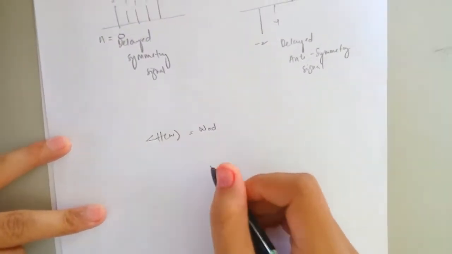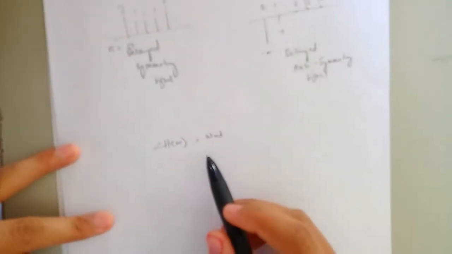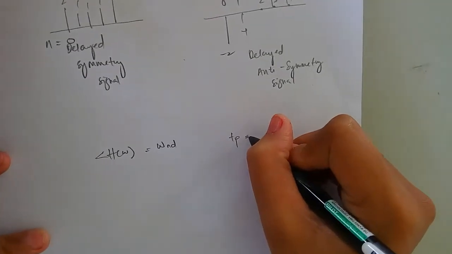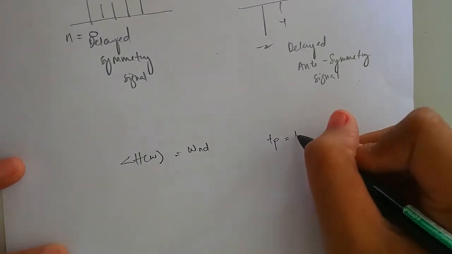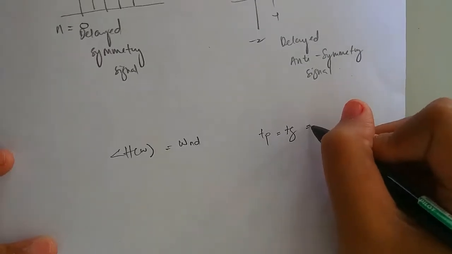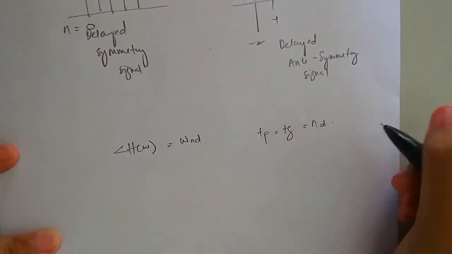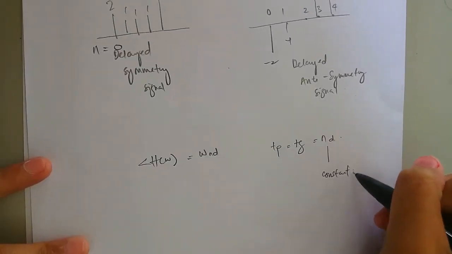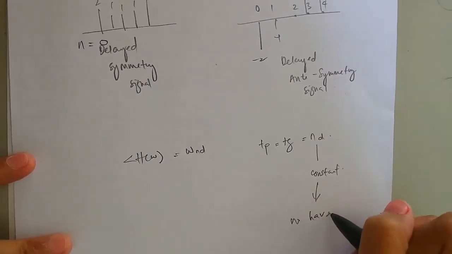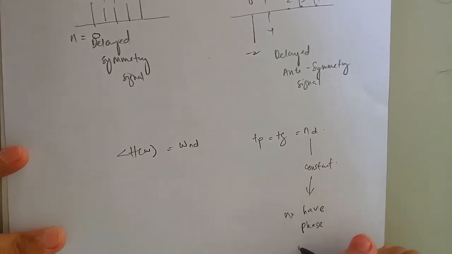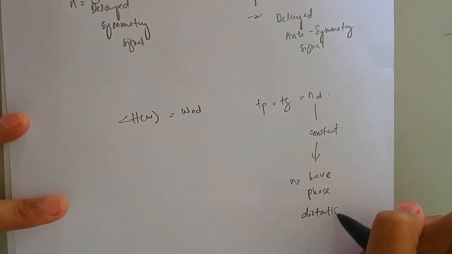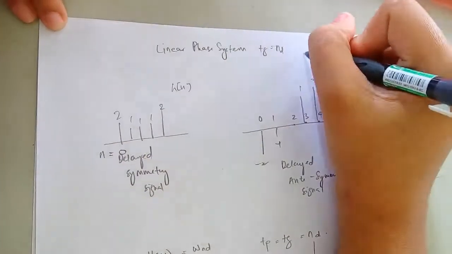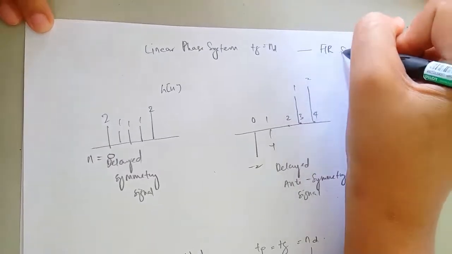For this system, H omega equals omega n_d, and the phase delay is equal to the group delay and the time delay. When the time delay is constant, there will be no phase distortion. Linear phase system is valid for FIR systems only.